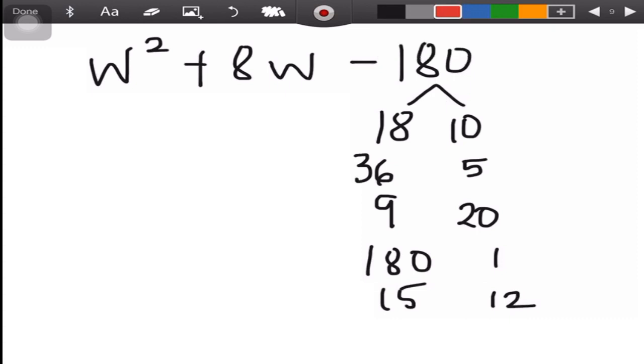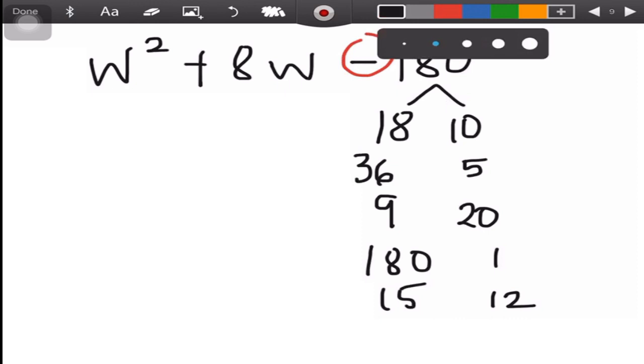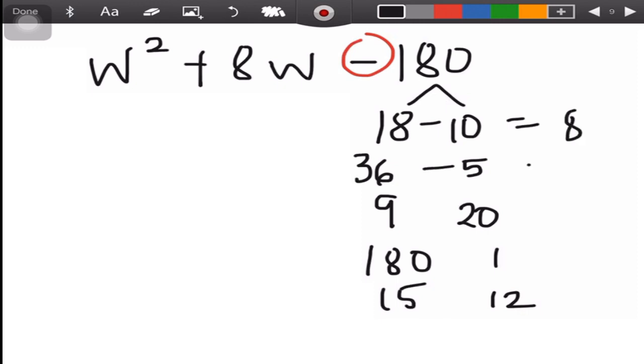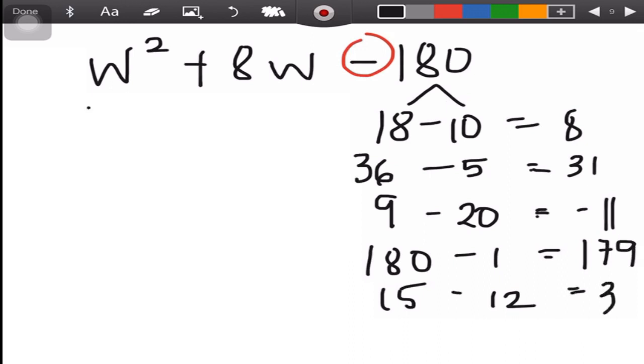And then, since our third term is negative, meaning we will subtract the factors. So we have 8, 31, negative 11, 179, 3. And then, which pair will give us the middle term? So that is 18 and 10.